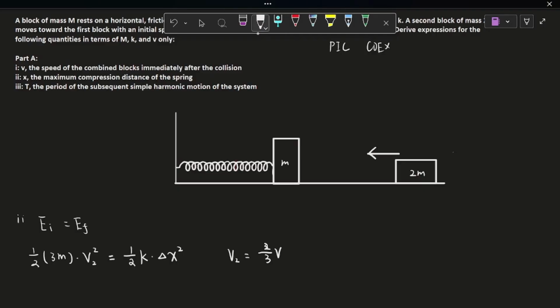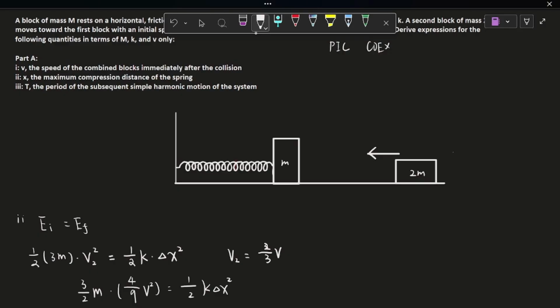Let's plug it in. 2/3 m, I combine these two together to make it look better, times v2 squared will be 4/9 v squared, is equal to 1/2 k delta x squared.